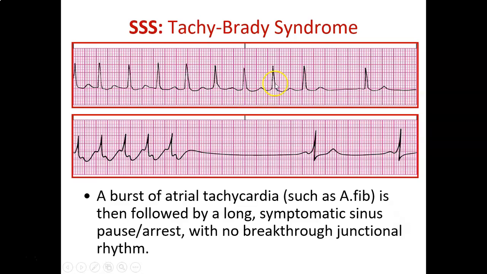So there is a tachycardia burst followed by the sinus pause, and then again the sinus node takes over. So this is sick sinus syndrome, and a variety of sick sinus syndrome here in this example is tachy-brady syndrome.